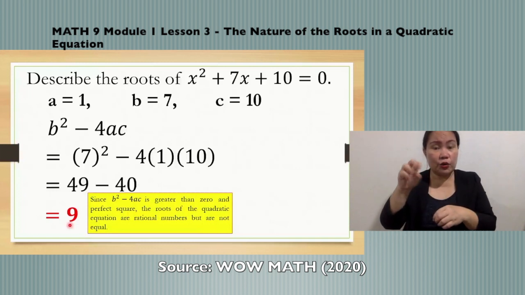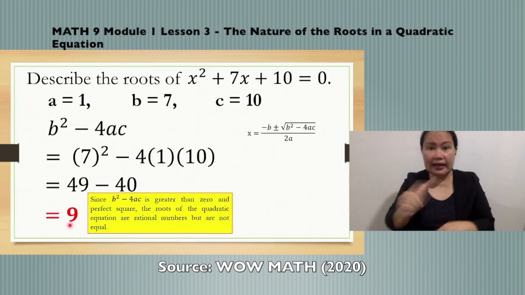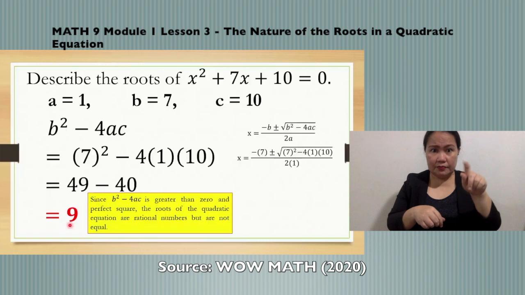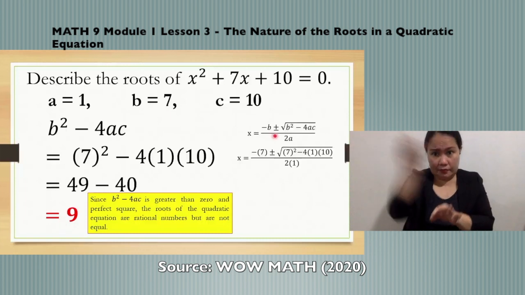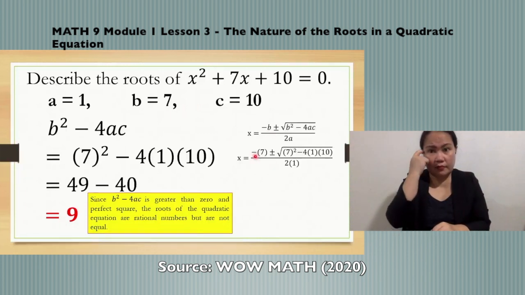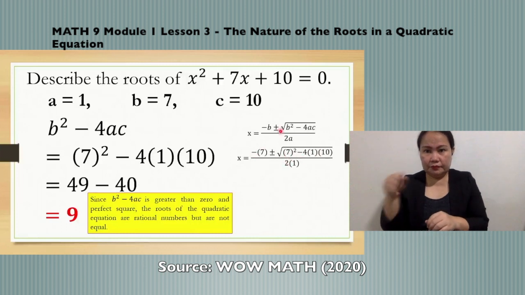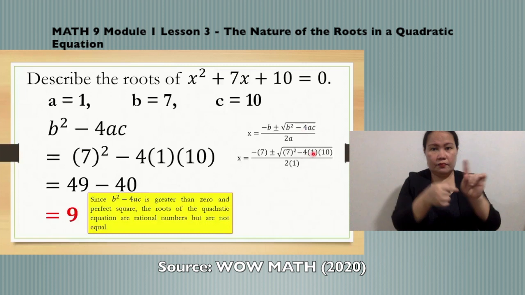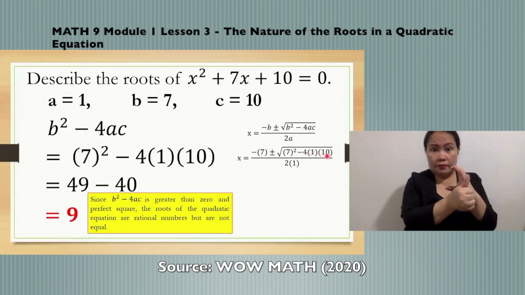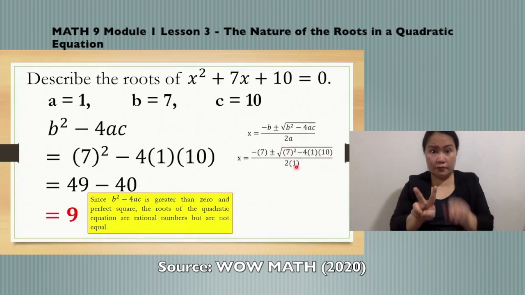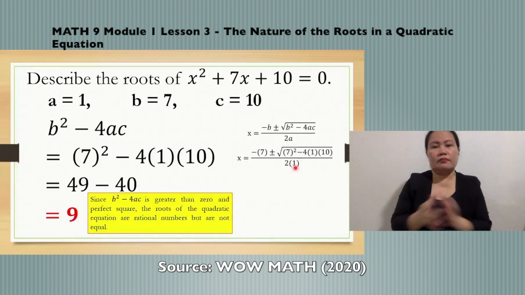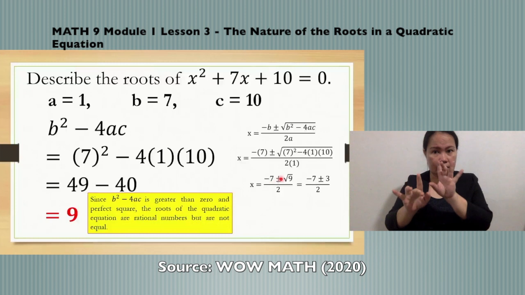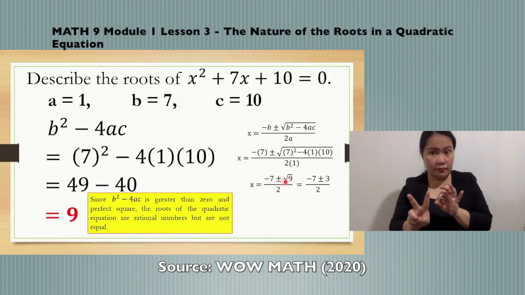So let us check using quadratic formula. So let us substitute the values. Lagay natin si b. Our b is 7. So ayan siya. And then square root of, since this is b squared, so 7 squared minus 4. Our a is 1. C is 10. So 2 times a, since our a is 1. And then we will have negative 7, positive or negative square root of 9.